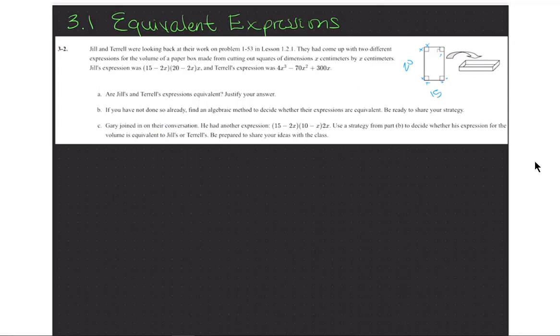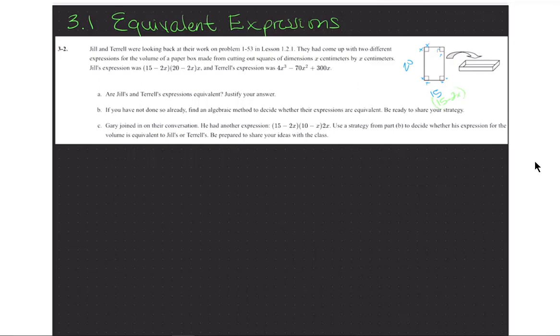So now when it comes to our box, this length is no longer 15. It started off as 15, but we cut off this x and we cut off this x. So now the side of our box is going to be 15 minus x and x, which is 2 x's.